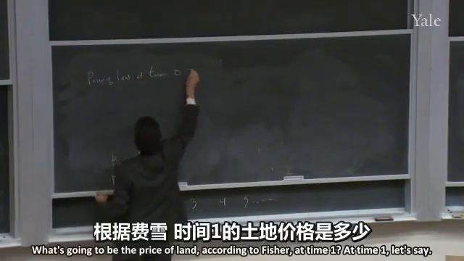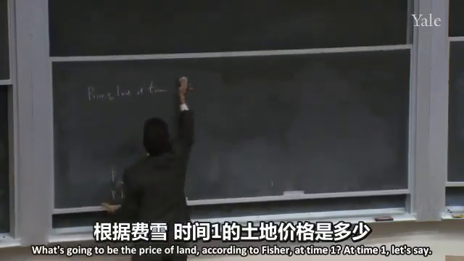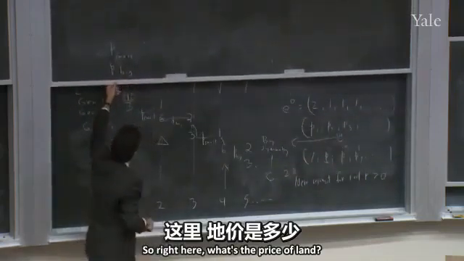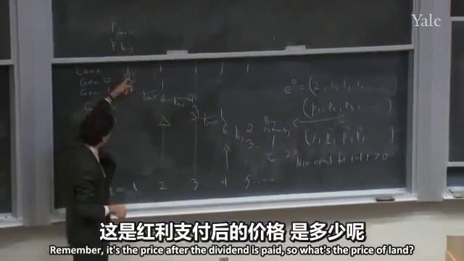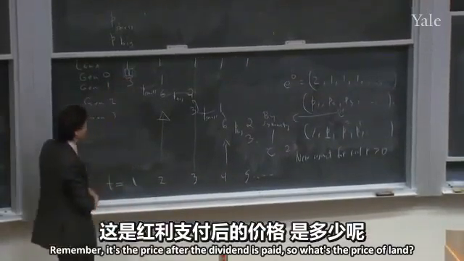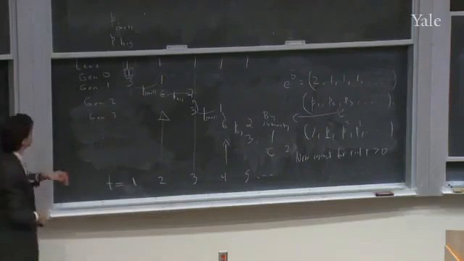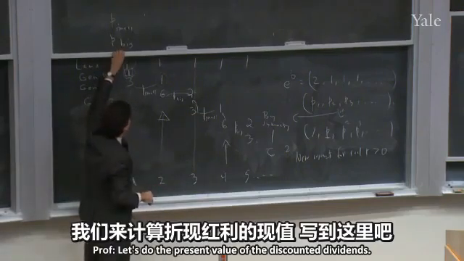What's going to be the price of land, according to Fisher, at time 1? At time 1, let's say. So right here, what's the price of land? Remember, it's the price after the dividend is paid. So what's the price of land? Let's do the present value of the discounted dividends. What would it be?